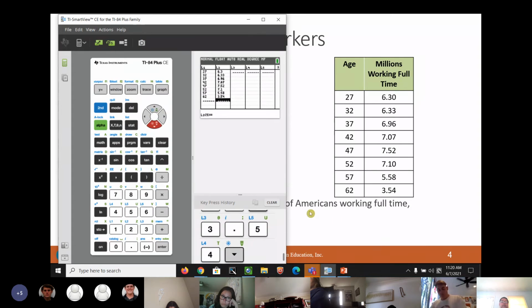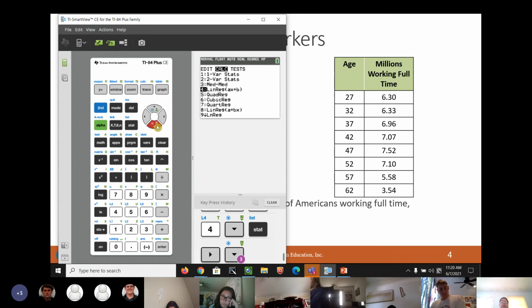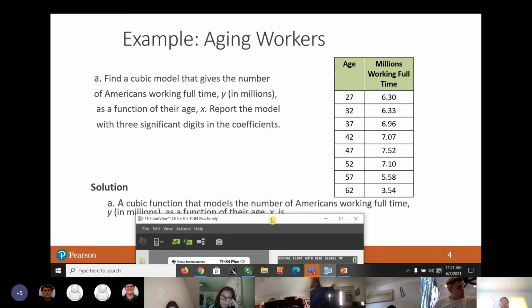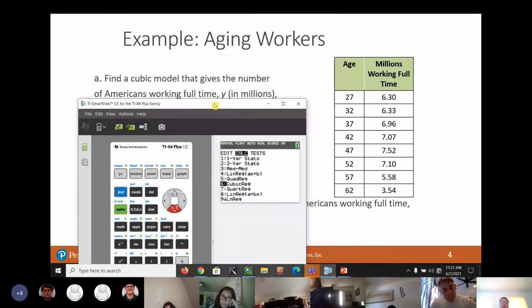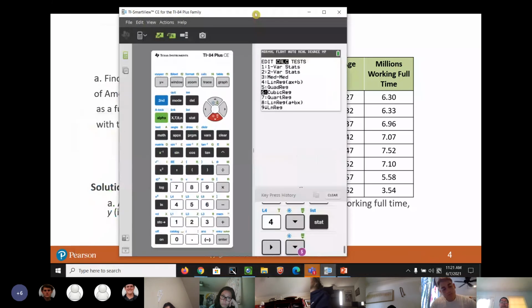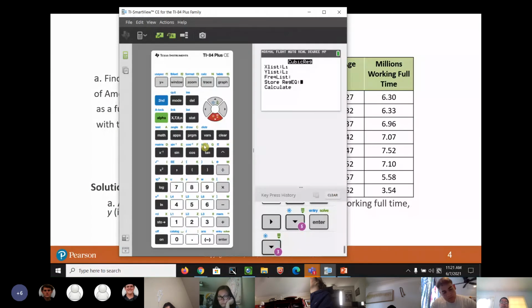Stat, calculate, cubic. Did it say cubic? I think it said cubic, didn't it? Yep. I'm going to go through and do the line. So I'm going to hit vars, function, y sub 1, and calculate.